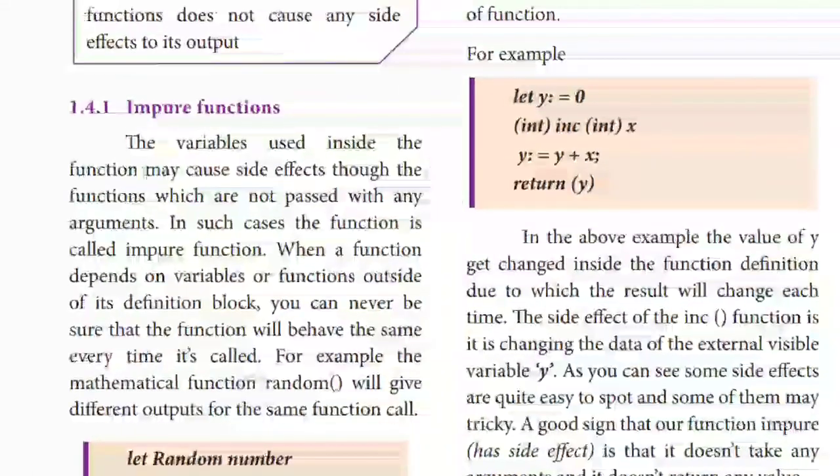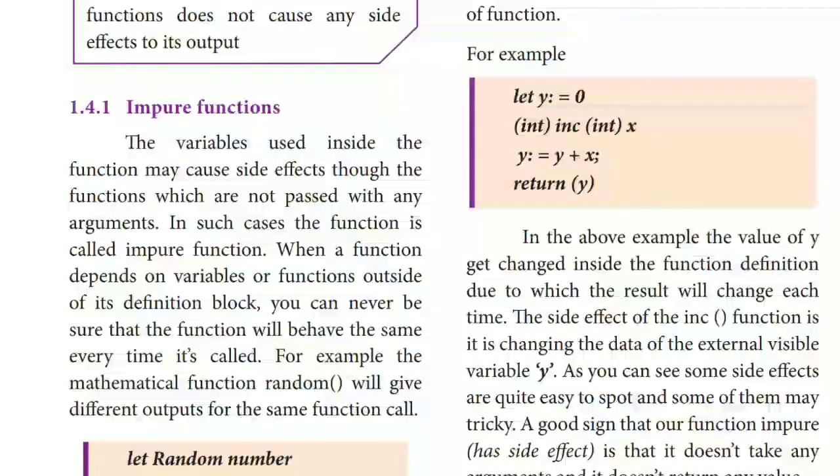In an impure function, a variable used inside the function may cause side effects, since it is not passed as an argument. In such a case, the function is called an impure function. It will create a side effect when you are using an impure function, so the output will not be the same.